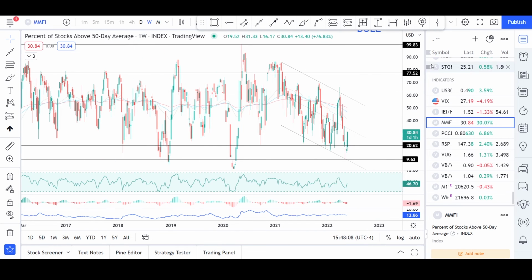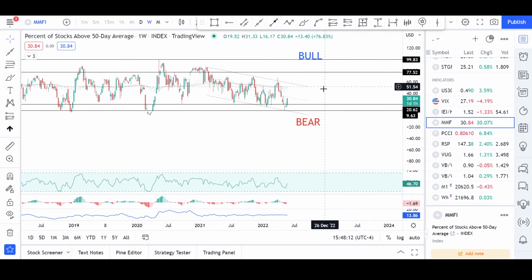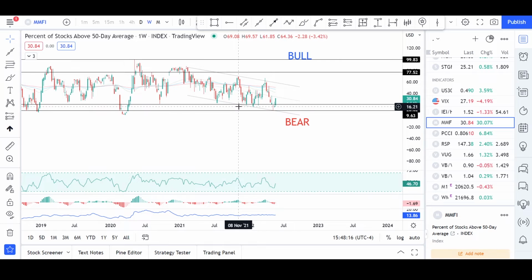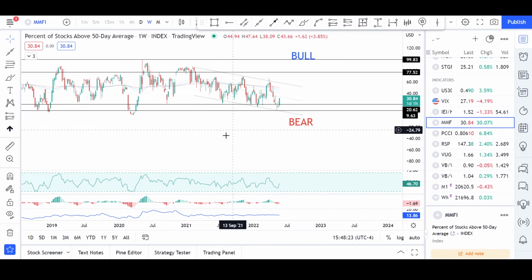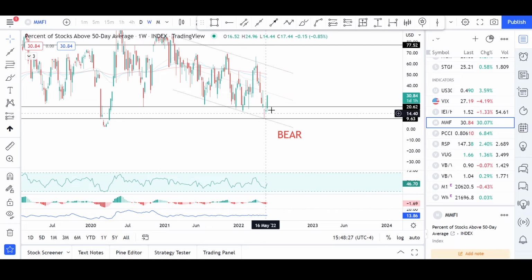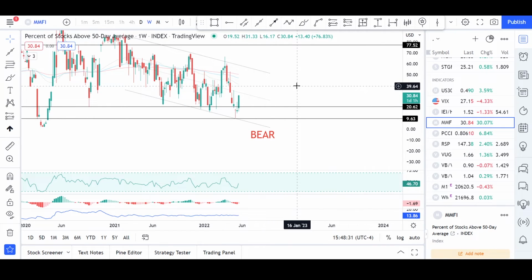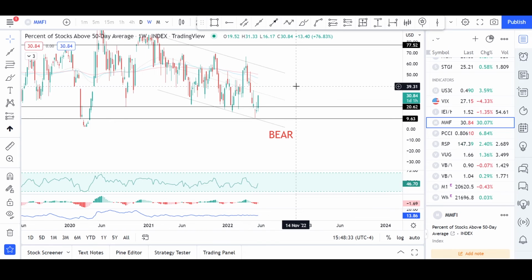In terms of MFI, percent of stocks above the 50-day average, we are getting off this bearish area and heading back towards neutral. So that's a possibility of getting a very good entrance on stocks right now, if we just find a clear position.